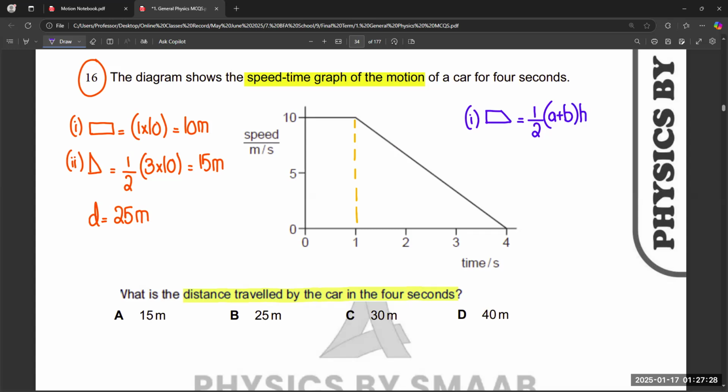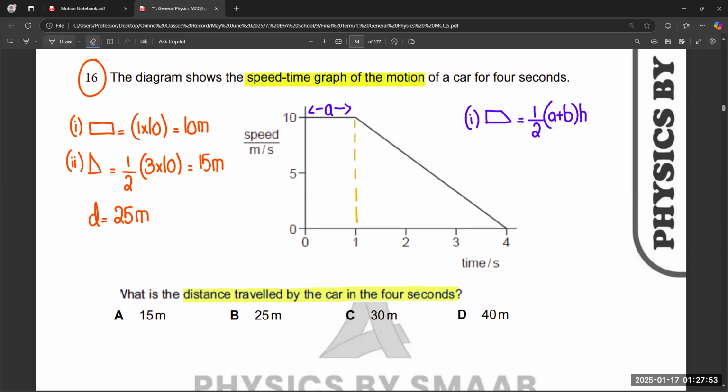So in a single shape, this is A. Because when you are marking up the triangle, the triangle starts from 1. So this is your base. Starting from 1, it means 1, 2, 3. So 3 and height is 10. So 3 into 10.